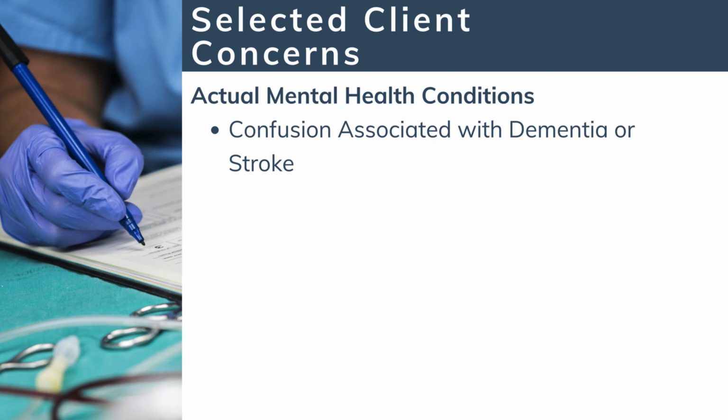Confusion related to dementia or head injury. This could be a problem, especially, for example, a 55-year-old patient who mixes up names, misplaces items, and has trouble concentrating and conversing.